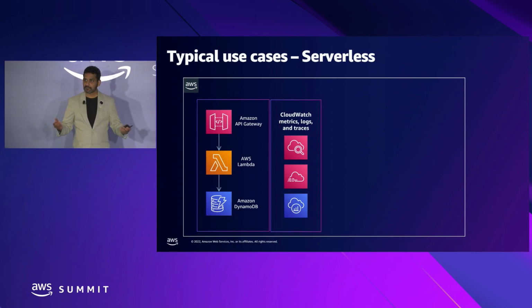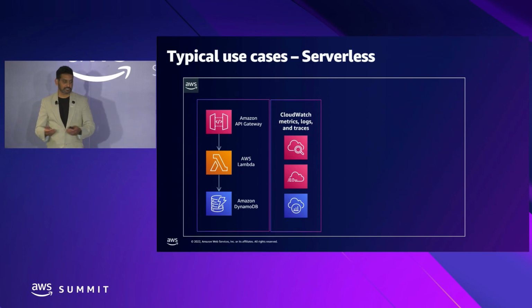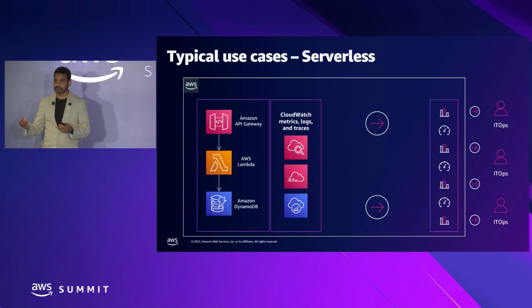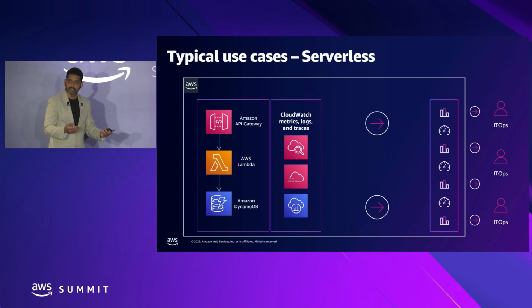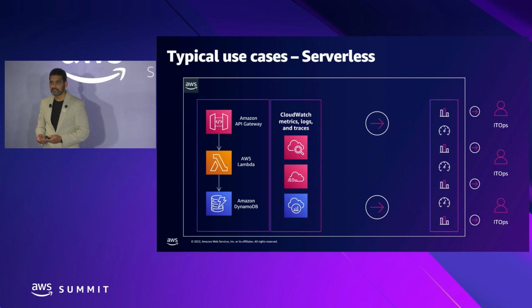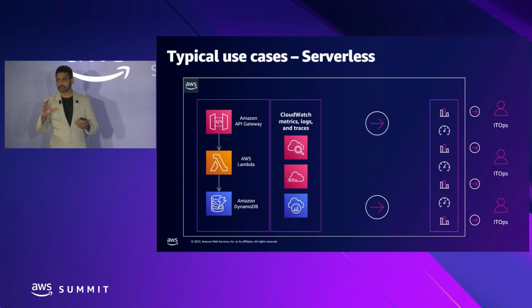These serverless resources produce logs, metrics, and trace data. And you will have dashboards or alarms set up for monitoring, and it is all manual. We know that it is going to be cumbersome, and whenever some spike or failure happens, such as DynamoDB throttling, you need to go through all the logs and all the dashboards. So that's the typical serverless case.